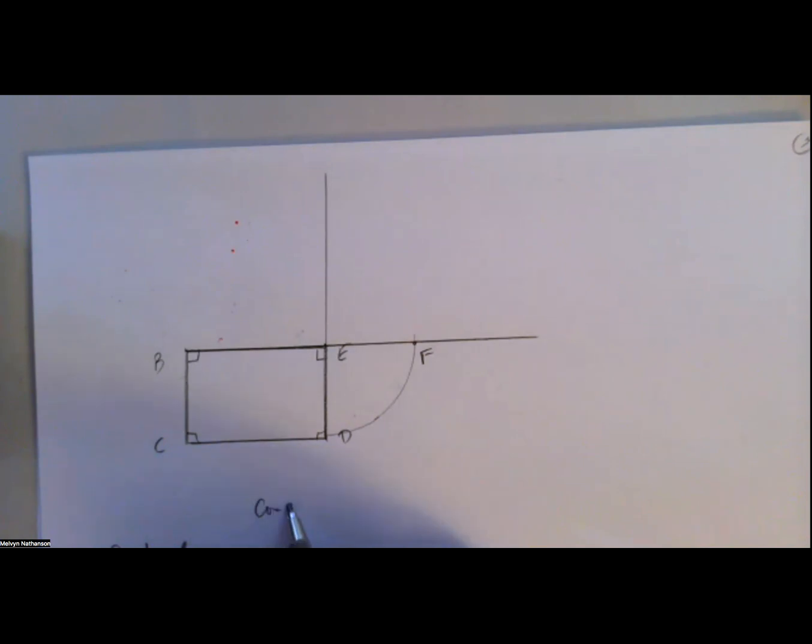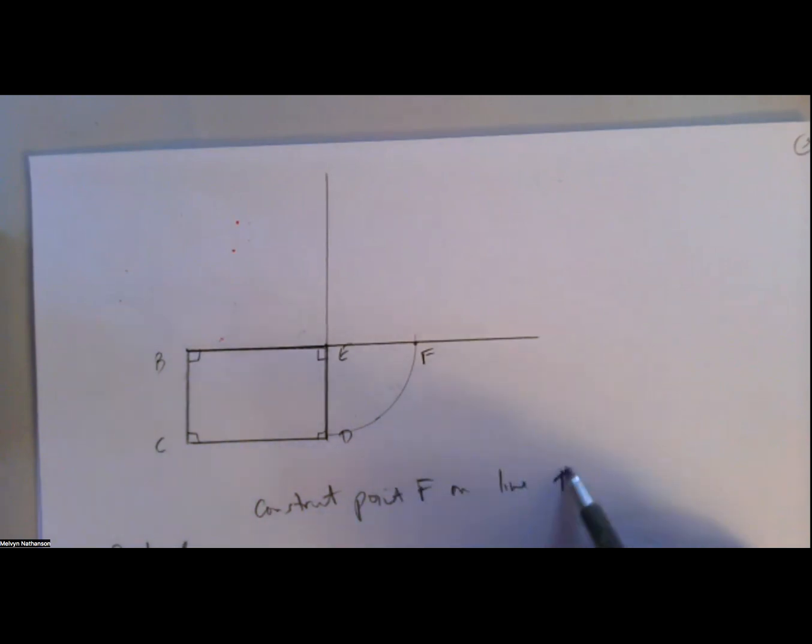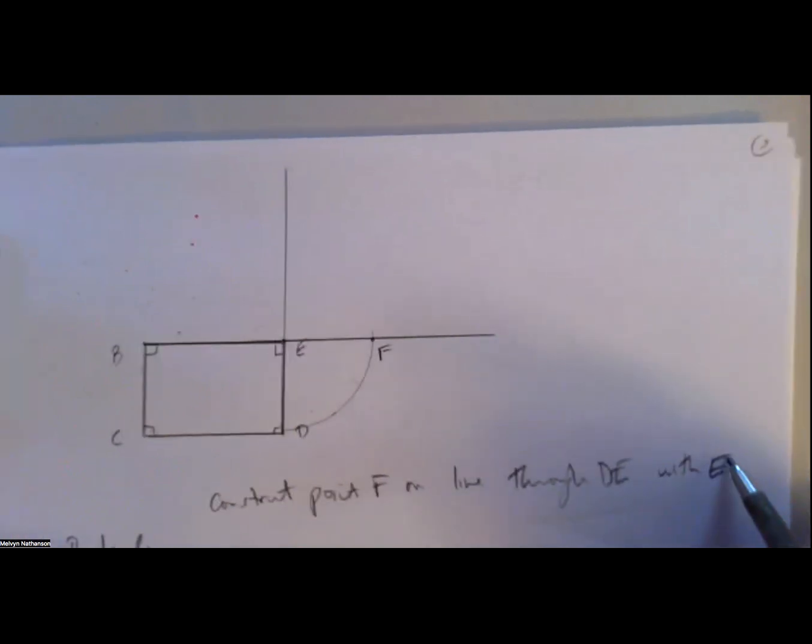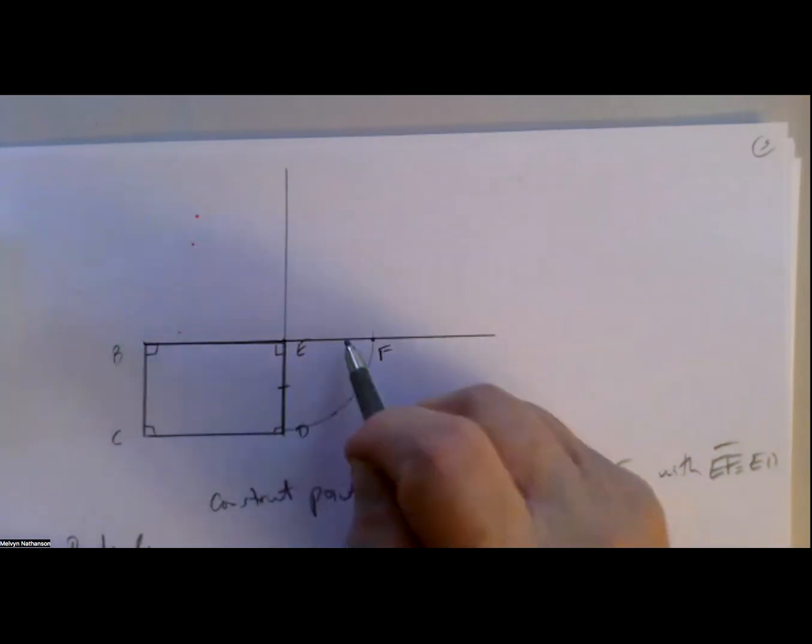So we construct the point F on the line through D and E with the length of EF equal to the length of ED. So this equals this.